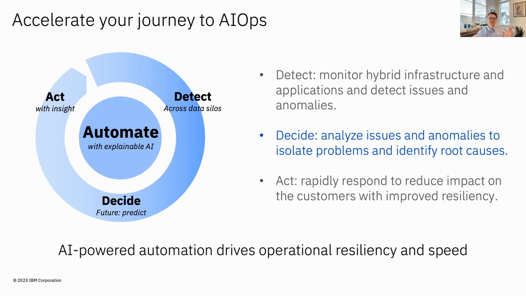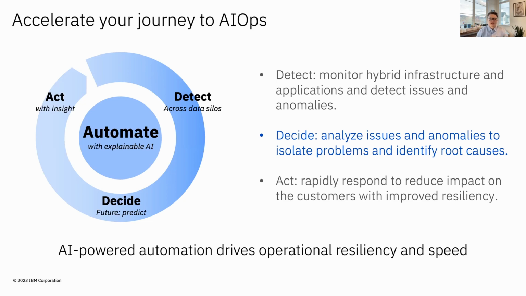If we think of a graph, the bottom left hand corner would be this reactive or firefighting state of operations, to the top right being this more proactive, more intelligent stage of operations. That is no trivial task to get there, but there are lots of steps you can take along the way to better that cause.